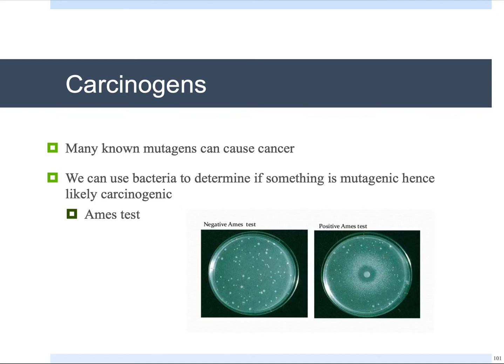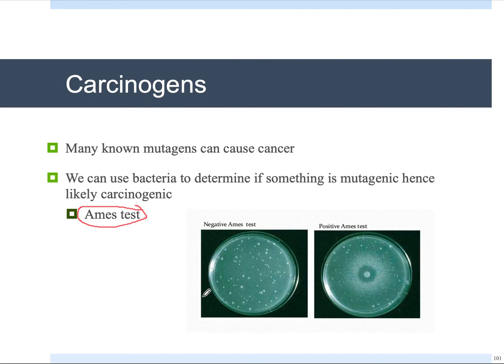We can also check whether a particular mutagen is carcinogenic or not, and we use what we call the Ames test. The idea is to use a particular bacteria that is a mutant and will need a particular compound or element in order to grow, unlike the normal strains.